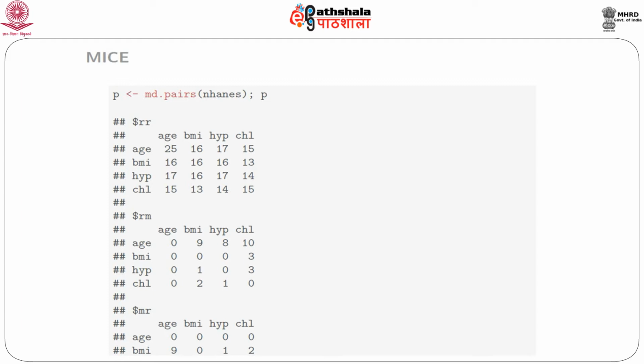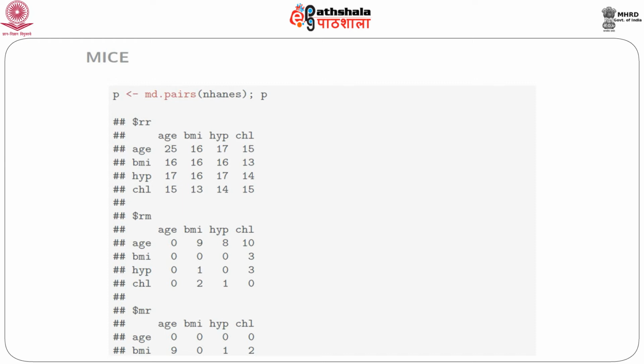So, for example, we have 14 pairs where hypertension and cholesterol are both available. There are 3 cases where hypertension is available, but cholesterol is not. There is one where cholesterol is available, but hypertension is not. And there are 7 where neither cholesterol nor hypertension is available.